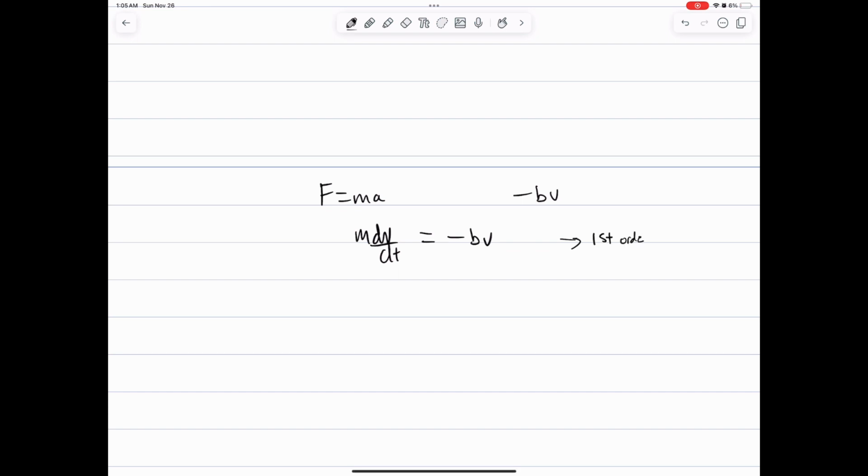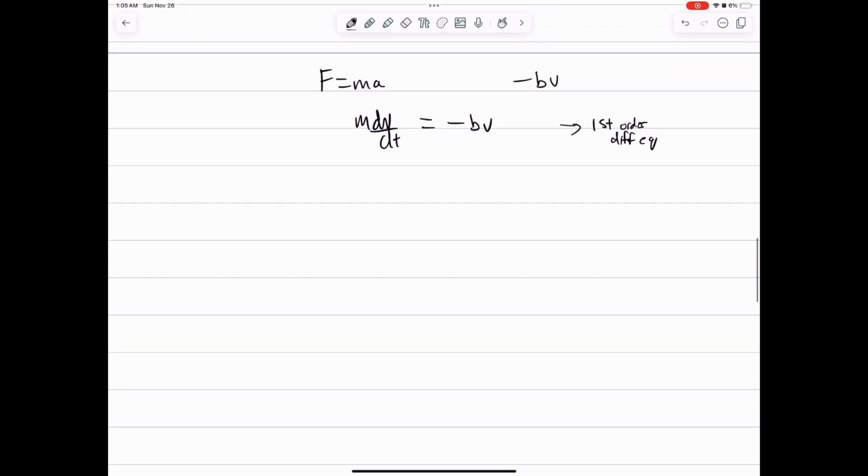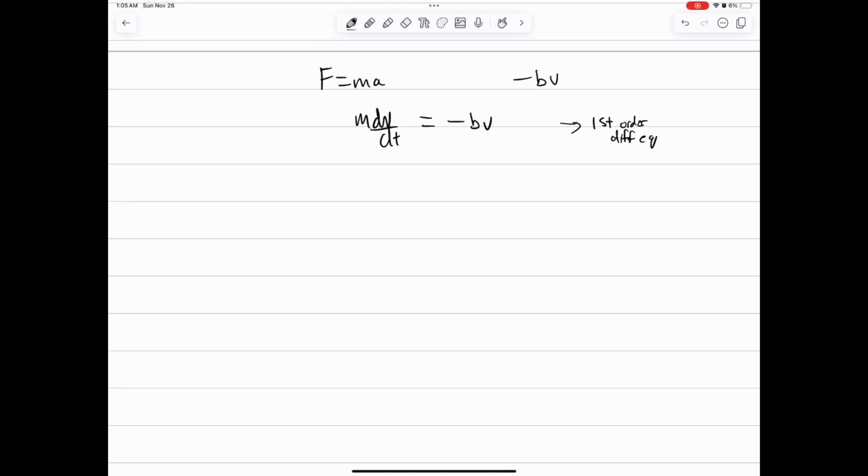Now let's try solving this using separation of variables, which I'm pretty sure you guys are already familiar with. So in order to do that, I'm going to write dv over v equals negative b over m dt.